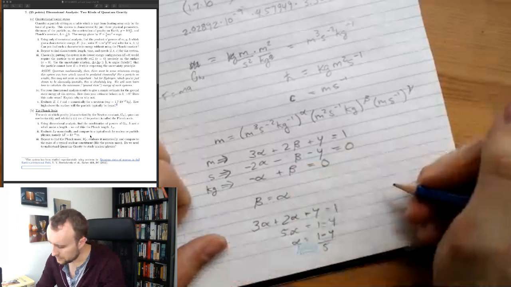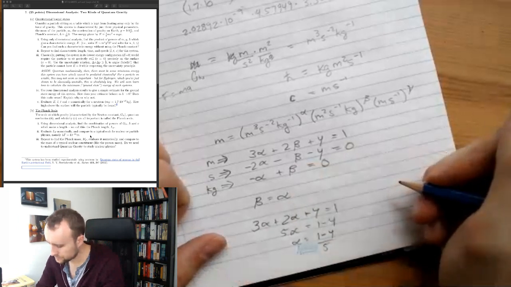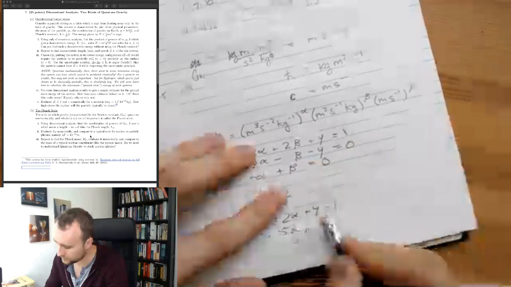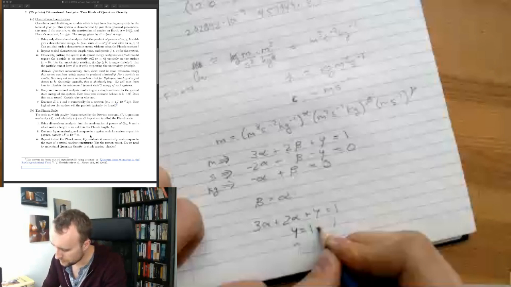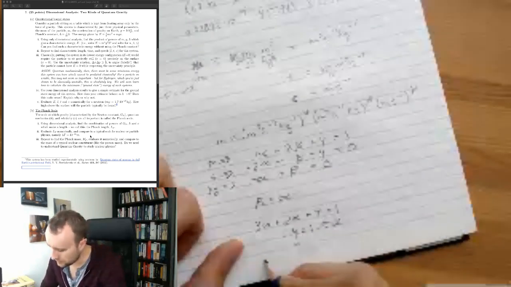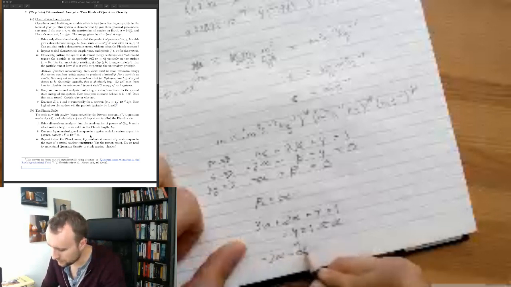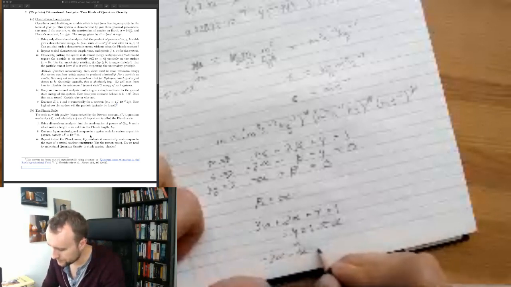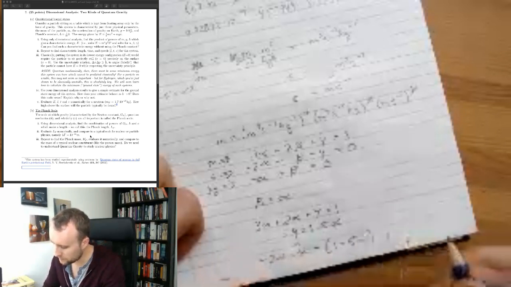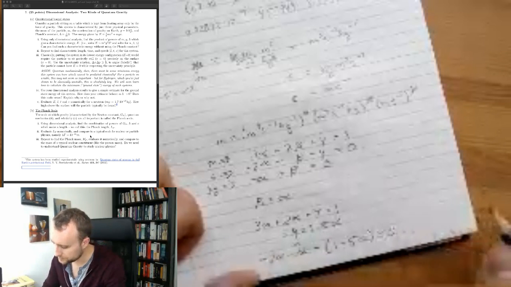All right. We can probably do it the other way. That makes more sense. Let's solve for the other way around. One minus 5 alpha. And then we have minus 2 alpha minus alpha minus 1 minus 5 alpha equals 0.